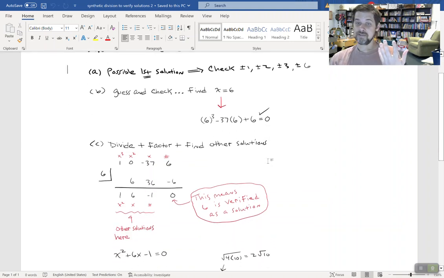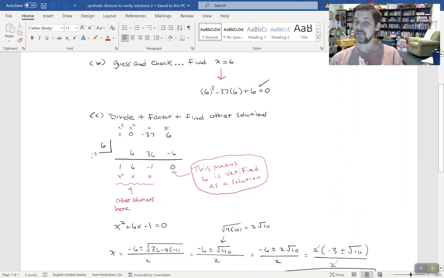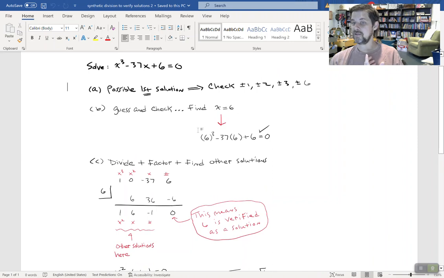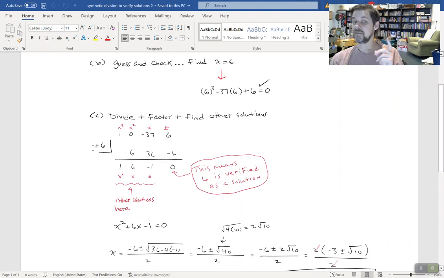Now we will still have to use synthetic division because it allows us to factor out and find the other solutions. Once I find that 6 is the number on this list that works, I'll set up the synthetic division, which I only have to do one time at this point.